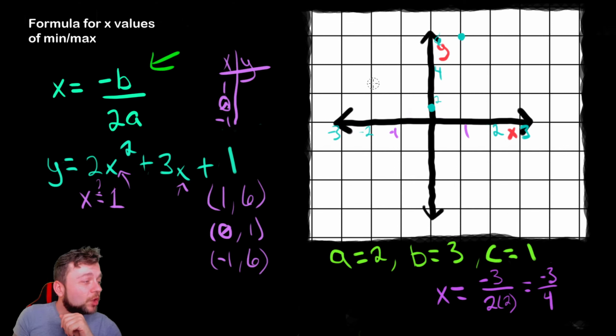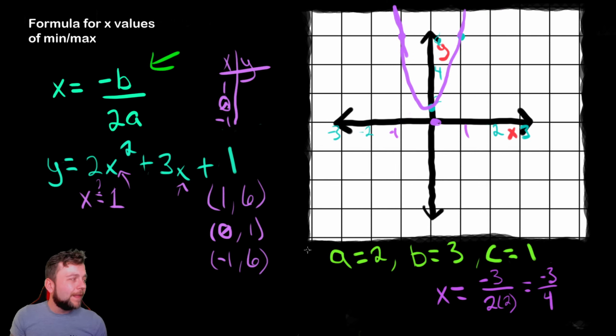It's just going to make it look weird. So -1 and 6 would be right there. So your parabola comes in, and somewhere between our origin and our -1 is our vertex, right?